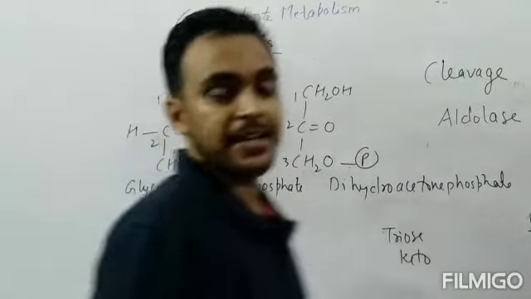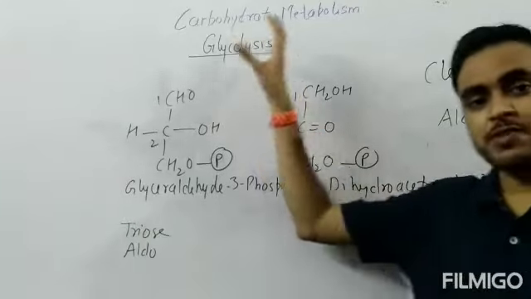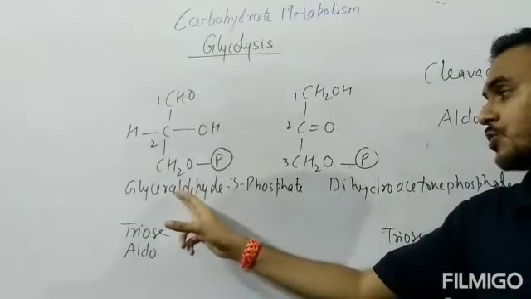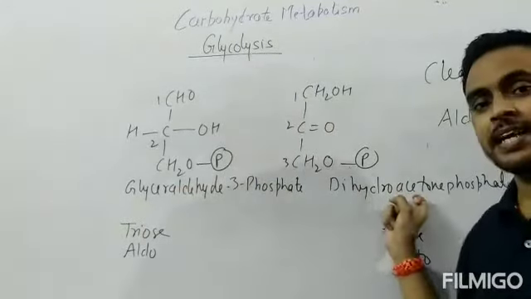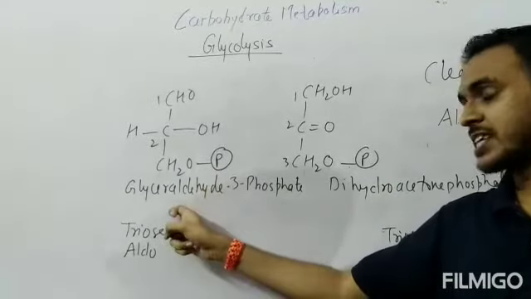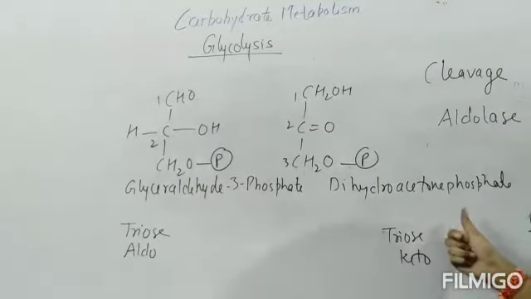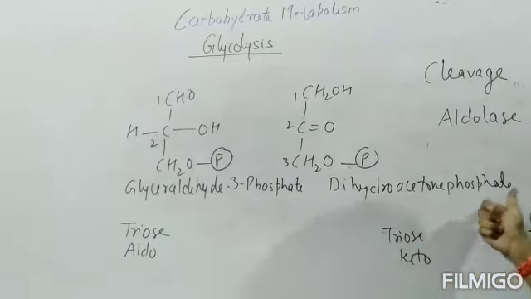So we can see that fructose 1,6-bisphosphate breaks into 2 phosphate-containing triose sugars. One is glyceraldehyde 3-phosphate and the other is dihydroxyacetone phosphate.